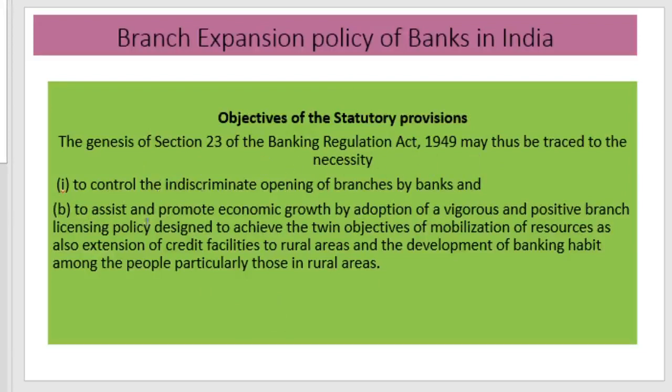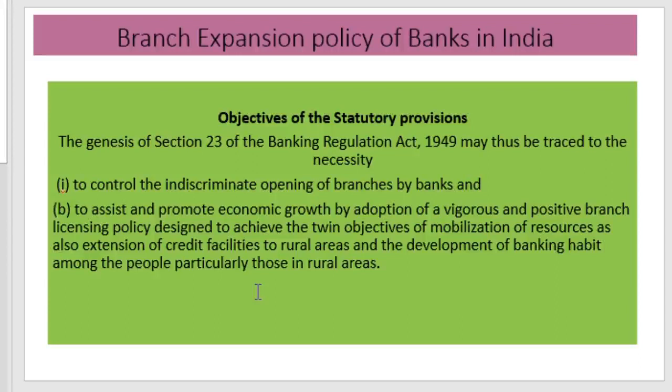First one, to control the indiscriminate opening of branches by banks. There was an indiscriminate opening of branches by the banks, and the first objective was to control it. Second one, to assist and promote economic growth by adoption of a vigorous and positive branch licensing policy designed to achieve the twin objectives of mobilization of resources and extension of credit facilities to the rural area, and the development of banking habits among the people, particularly those in rural areas.